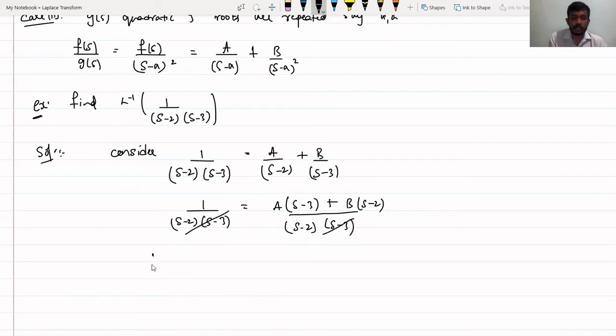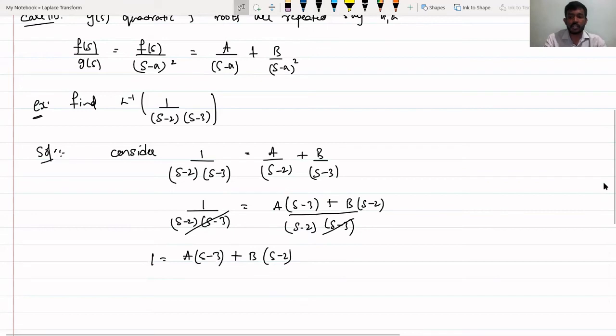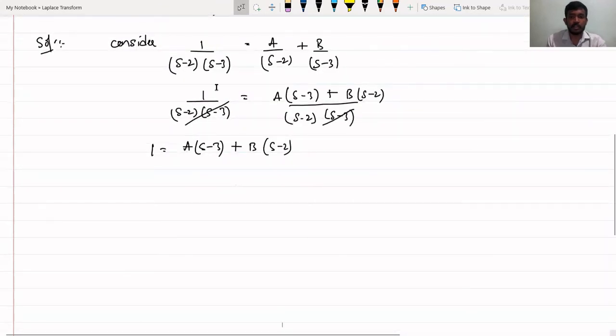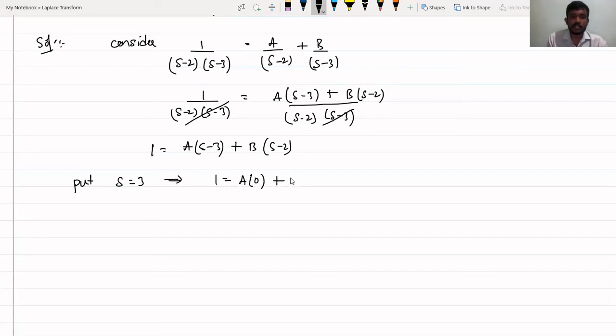So this implies 1 equals A into s minus 3 plus B into s minus 2. Now our intention is to find the constants A and B. For that, I give values for s. Put s equal to 3. Then 1 equals A into 3 minus 3, which is 0, plus B into 3 minus 2, which is 1.